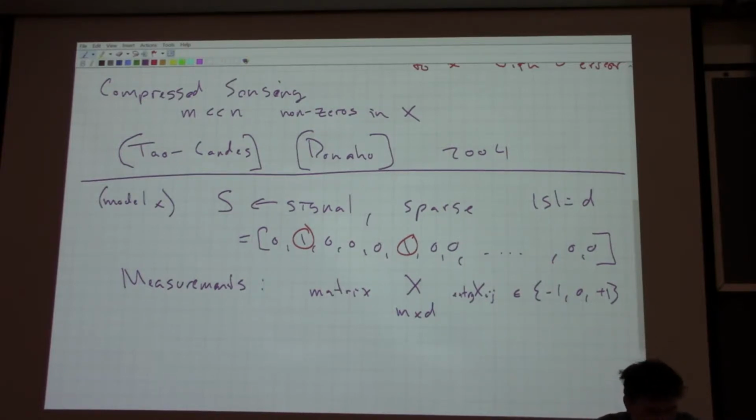And so then I'm going to get, I guess, this is the measurement matrix. And then I'm going to get out, let me call this something else. Let me write this.